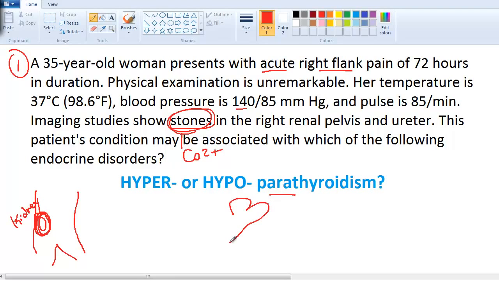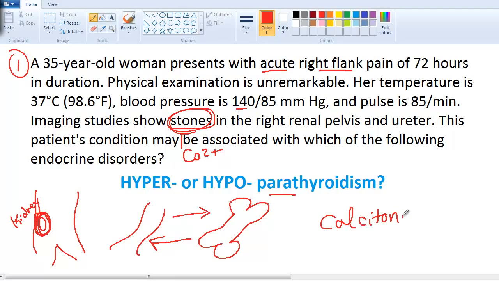Again, what do I recommend? Draw out the bone, draw out the blood, draw your arrows one way and the other way. Alright, then write calcitonin. Tonin tones down blood calcium. So if we're toning it down, that means we're taking it and we're putting it somewhere. So this must be calcitonin.